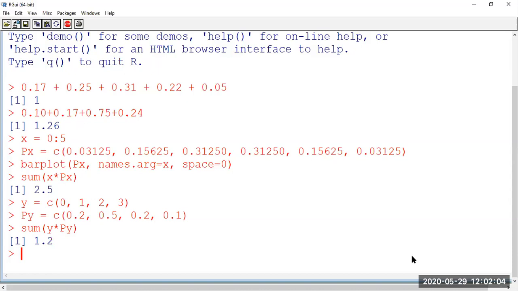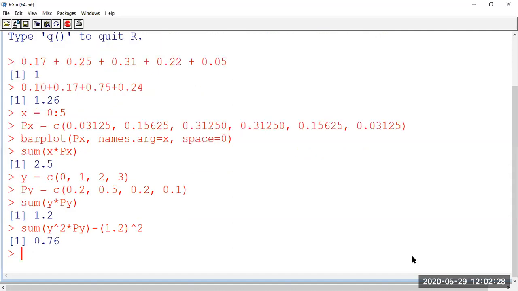So now we're going to enter that value in our formula for the variance. It's again a sum, but now we're going to square y before multiplying that value and the corresponding probability. And then we're going to subtract that value that we just found, squared. So that is going to be the variance for that problem.